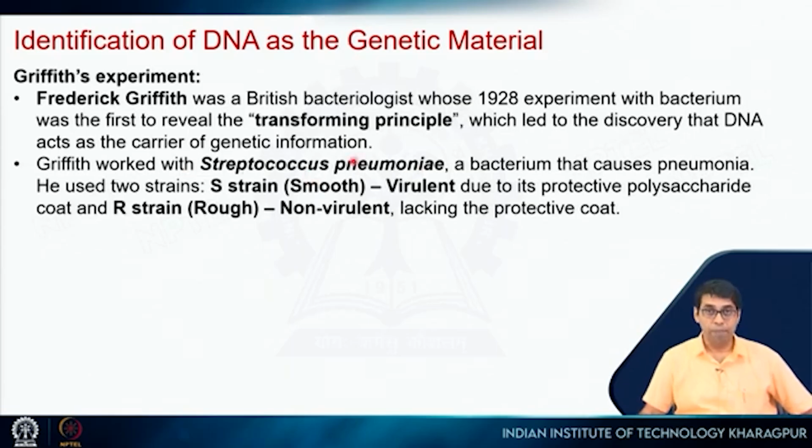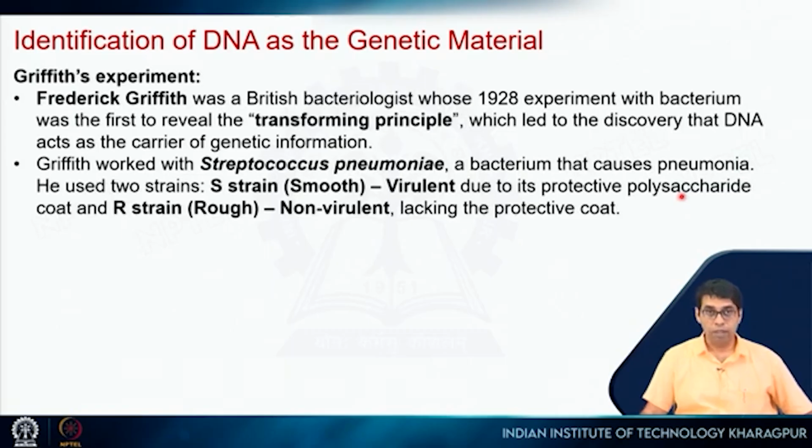It is a bacteria, okay, and this bacteria comes in 2 strains, the S strain, S stands for smooth, and the R strain, R stands for rough. Now, the smooth strain is the one which is infectious, so we call it virulent, and the rough strain is not infectious, so it is non-virulent. And the major difference of these two is that the S strain had a protective polysaccharide layer on top, right?